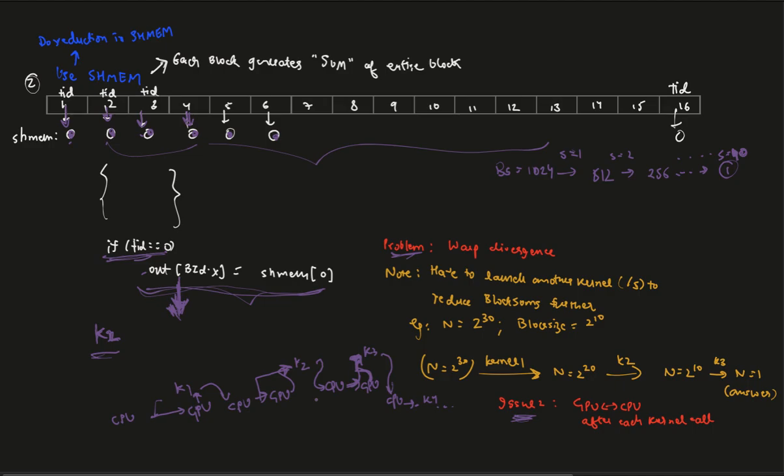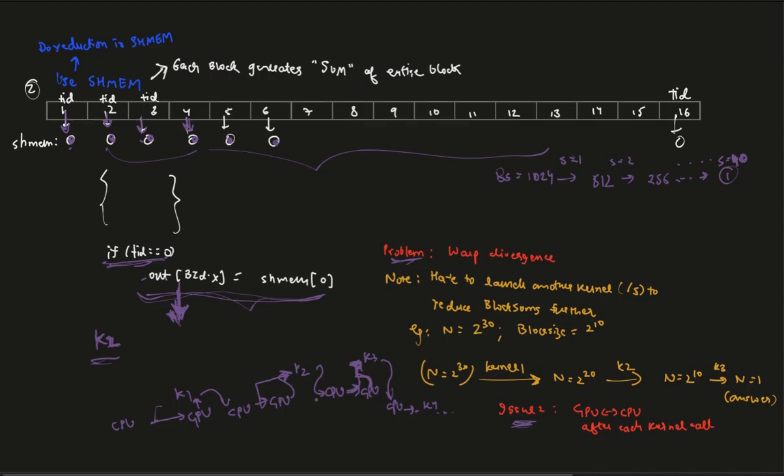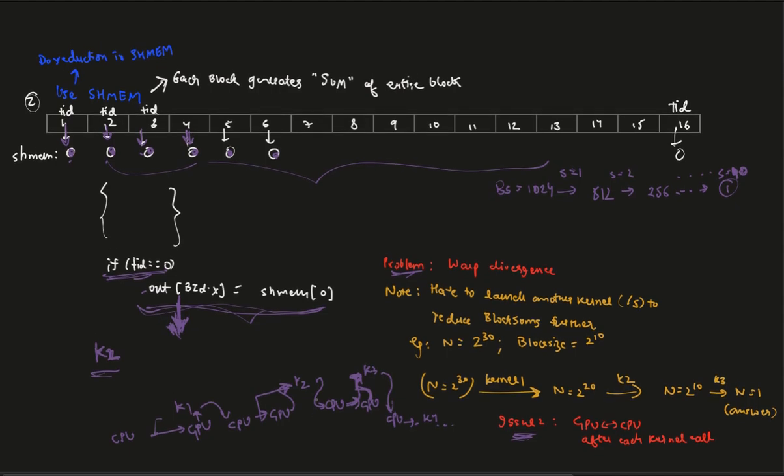This is one small issue, and the second issue is warp divergence. Why I say there's an issue of warp divergence is because in the first iteration everything is good. Like in the 0th iteration, when each thread loads one element into shared memory, that's good. But in the first iteration, you see that thread 0 reduces from element 0, calculates 0 and 1.